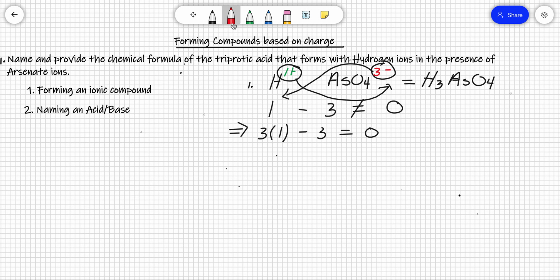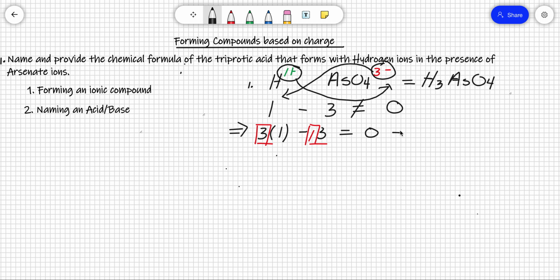And if you look at these numbers, these are what we use to cancel out the charges. So in this case, we multiplied by 3, and in this case, we multiplied by a -1. Now, obviously, you don't have to write that, but those numbers are the ones that become the subscripts.